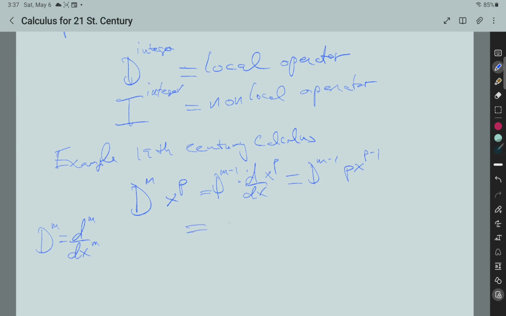So I would get p, the next term is p minus 1, p minus 2, and then all the way to p minus (m minus 1).